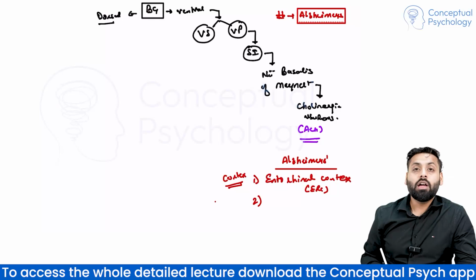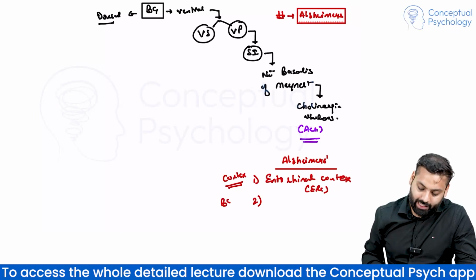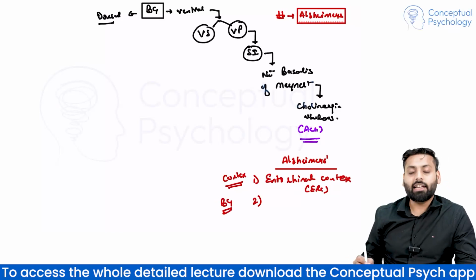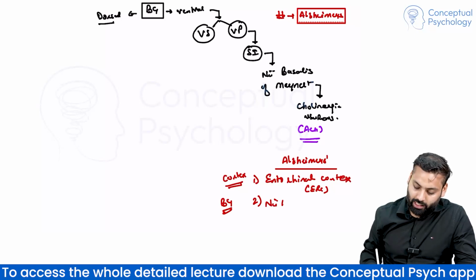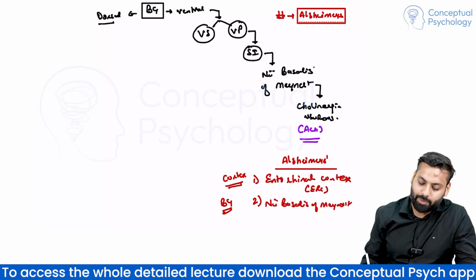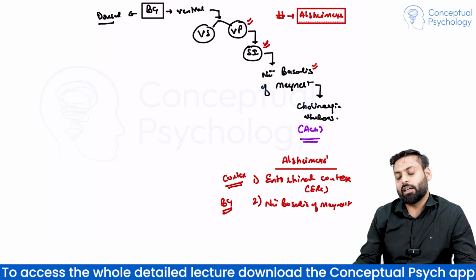And if they ask you which part of the basal ganglia is most commonly involved in Alzheimer's, then the answer is nucleus basalis of Meynert. If they don't give nucleus basalis of Meynert, they will give you substantia innominata. If they don't give you substantia innominata, they will give you ventral pallidum.